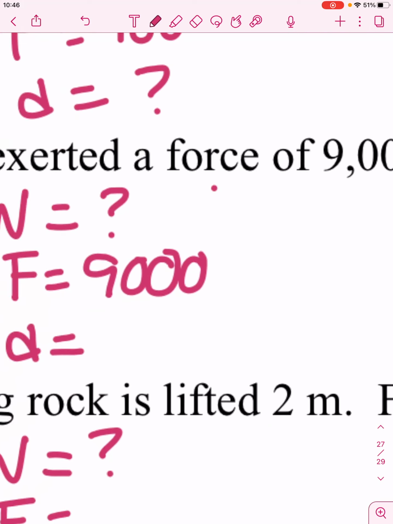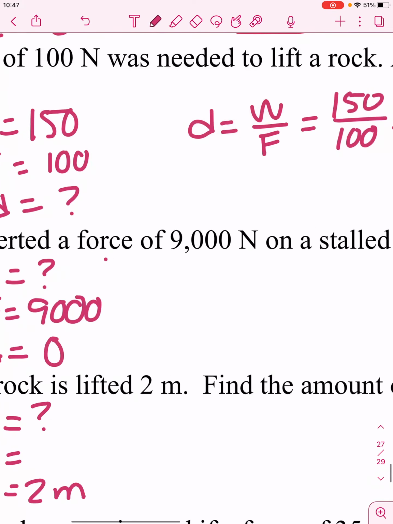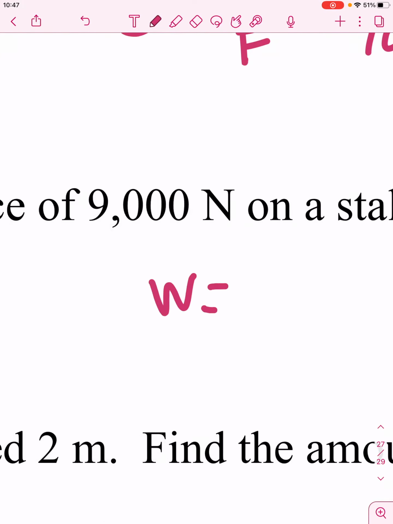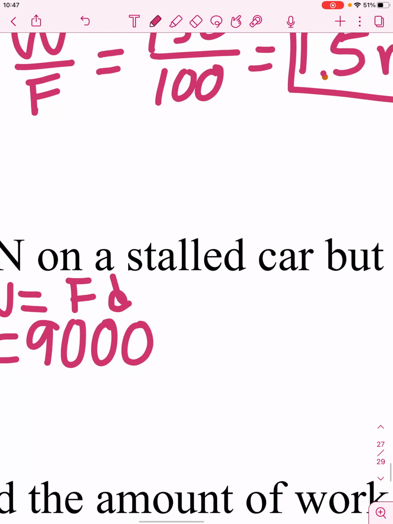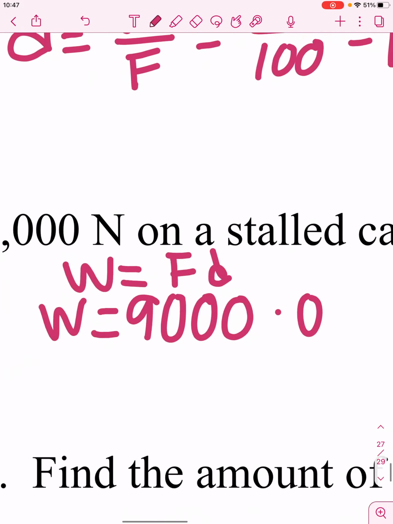My distance is 0 because it was stalled and I ended up not moving it anywhere. So we put 0 in for that, and you can prove using W equals F times D that even though I have a force of 9,000, if I multiply anything by 0, I get an answer of 0.